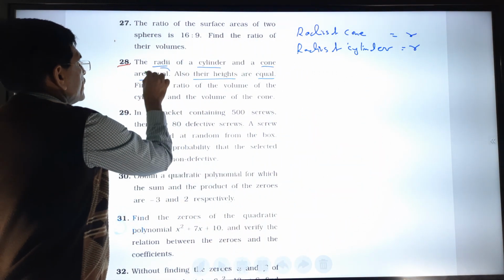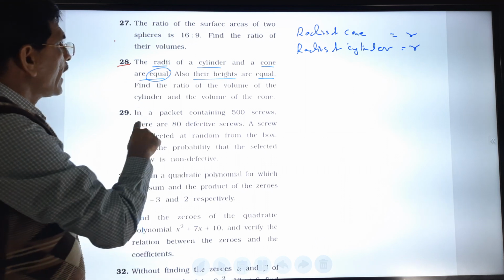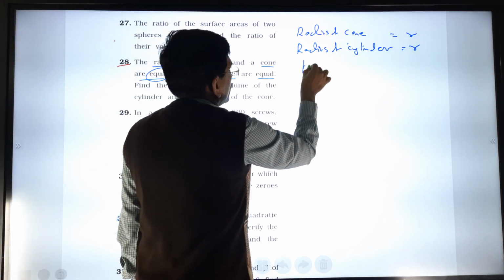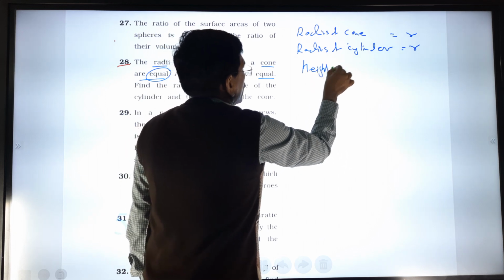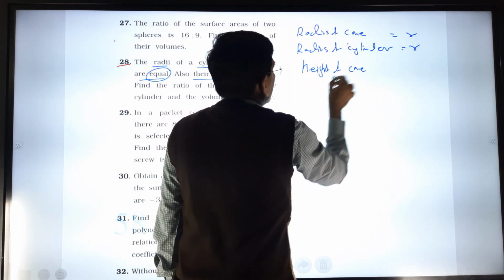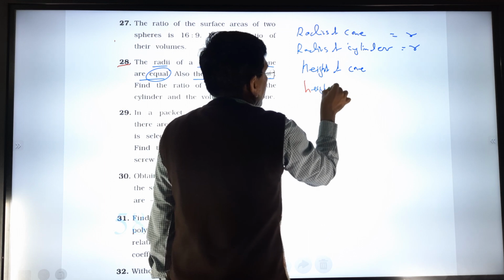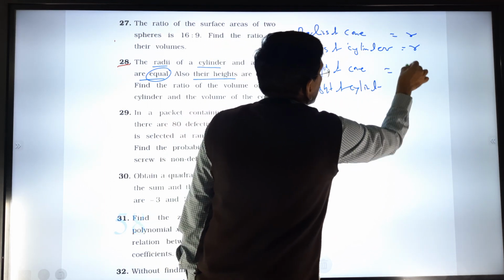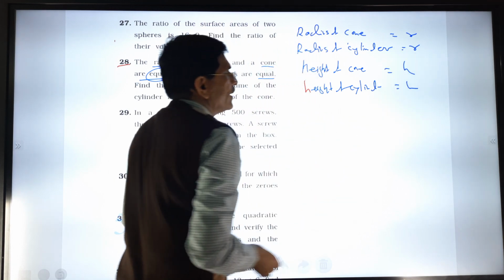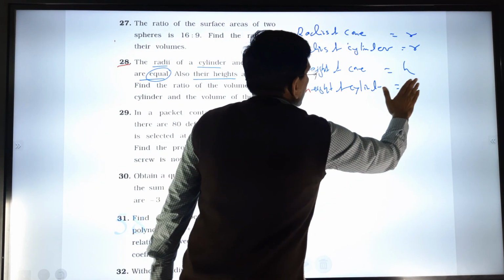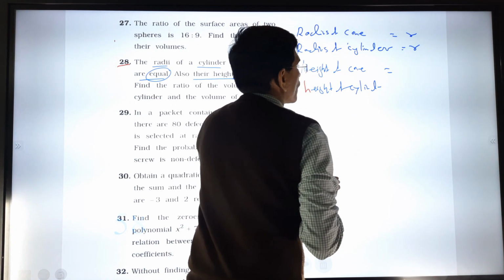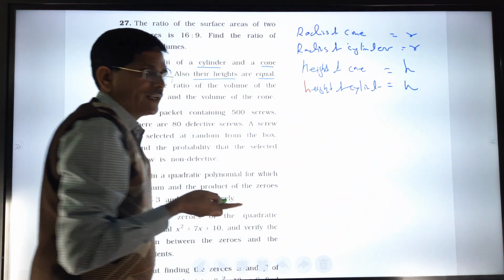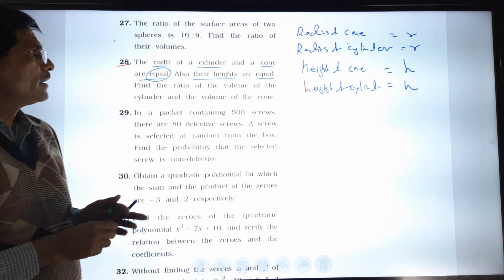Here there is one word, it is equal. Heights are also equal, so the height of cone and height of cylinder are both the same. So we can take H. Otherwise, if they are different, we have to take R1 and R2.